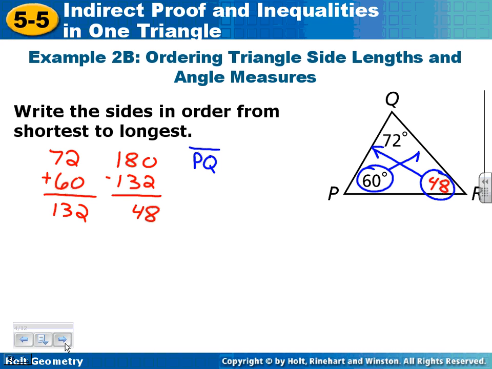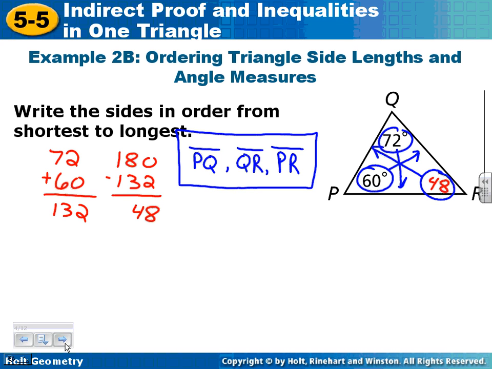And its opposite side is QR. So there's my medium. And that leaves me with a 72, which is opposite the bottom, which is PR. So this is my answer. That's the three sides in order from shortest to longest.